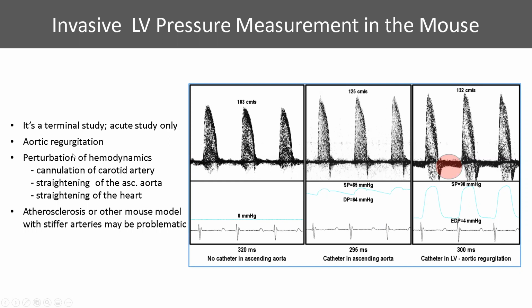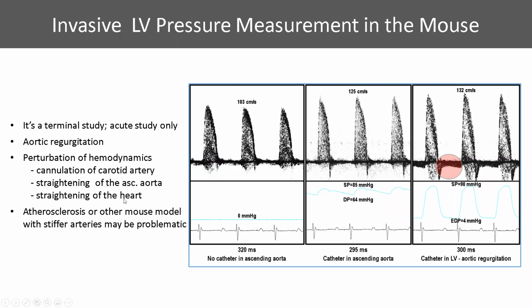So that is another issue. Then not only that, we are cannulating the carotid artery, that means we are closing it off, it's tied off. Then we are straightening the ascending aorta with our catheter. Although the catheter looks very flexible, it kind of straightens the aorta.